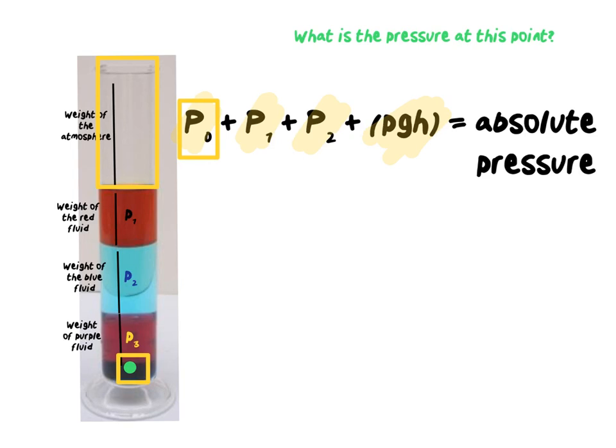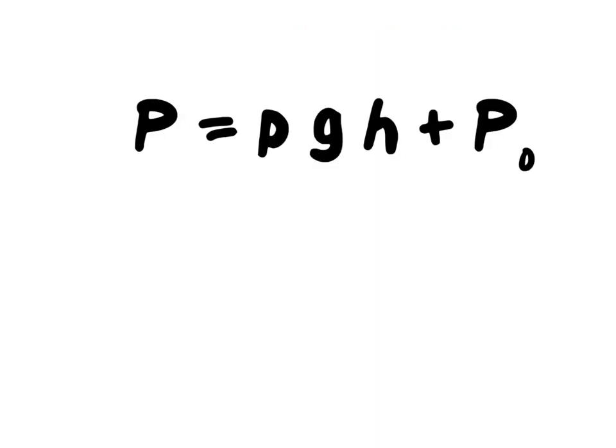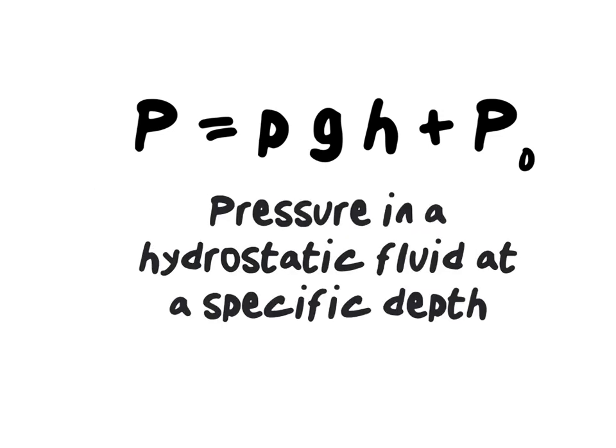And so in essence, I could really substitute in the expression rho times g times h for each of those sections of fluids, using the total depth of just that section for the height in the term. We refer to this equation as the pressure in a hydrostatic fluid at some particular depth.